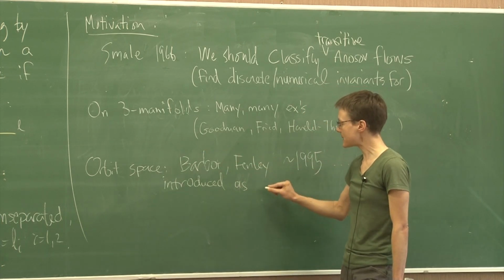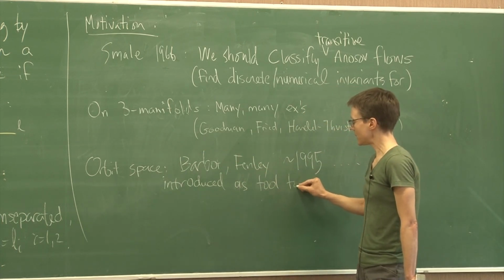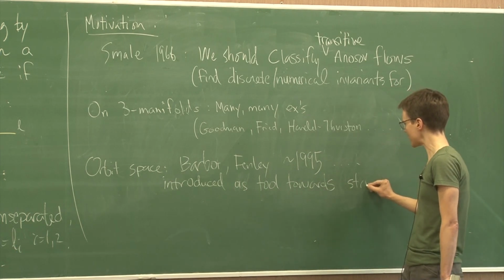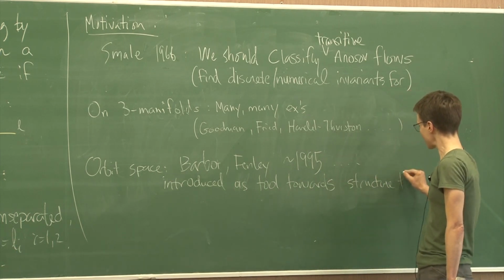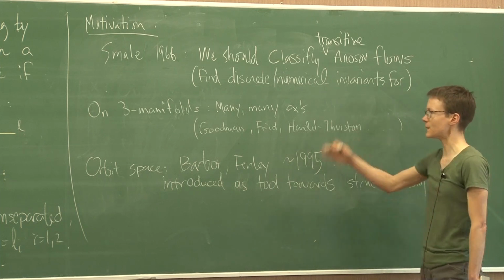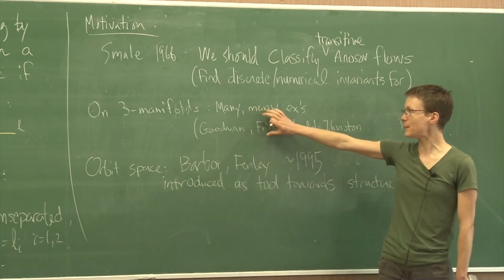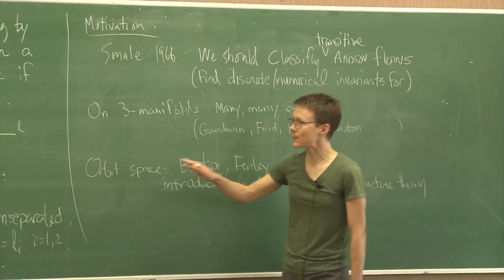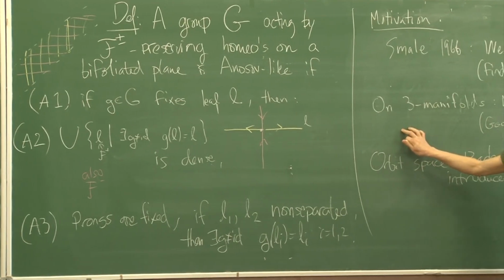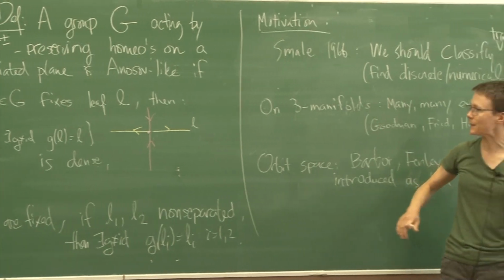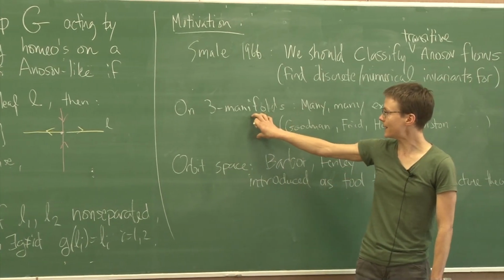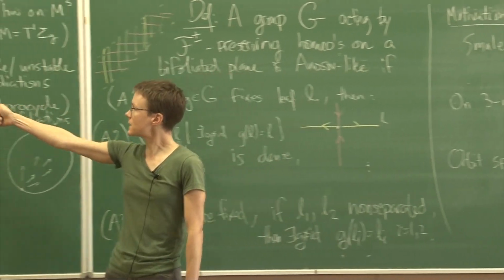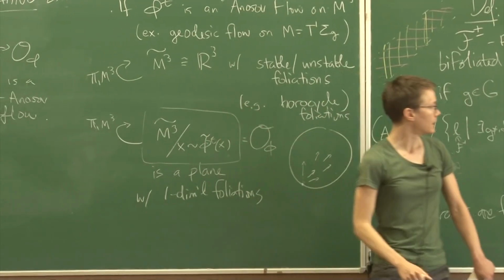They introduced the orbit space as a tool towards developing a structure theory. So although you have this zoo of examples that are very hard to understand, you can do a trick and reduce dimension by 1, and instead of understanding continuous time dynamical systems on 3-dimensional objects, you have an action of a discrete group on a 2-dimensional object.